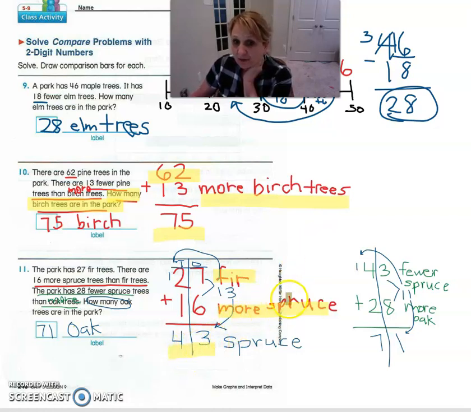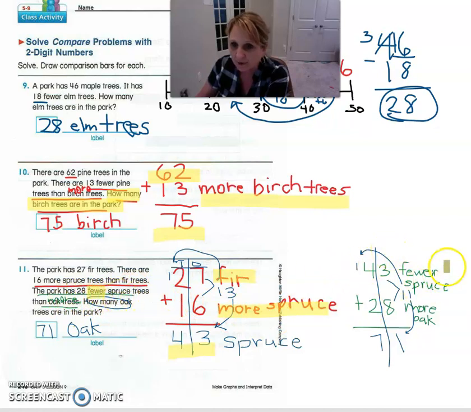Then I took my 43 spruce trees and I brought them up here. Okay, so I have my 43 spruce trees right here. The second part of the story says, the park has 28 fewer spruce trees than oak trees. So again, I saw the word fewer. I thought, oh, I'm going to subtract. But then I saw that it was 28 fewer spruce trees.